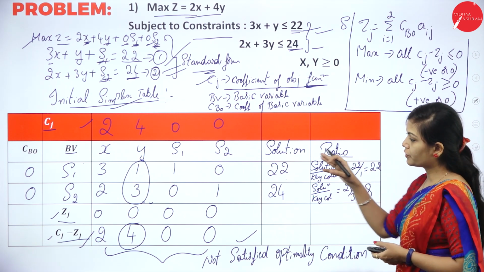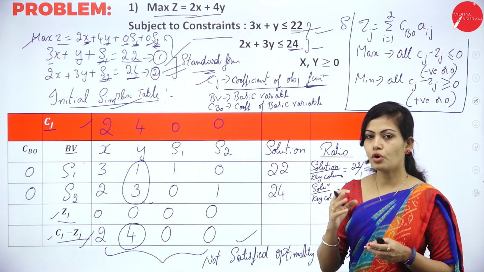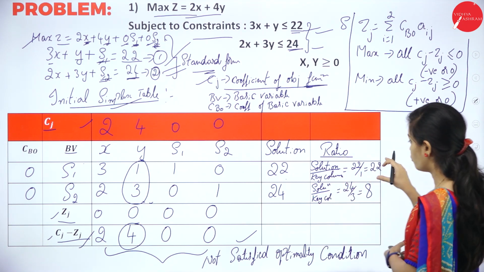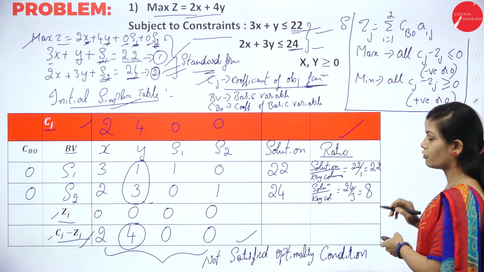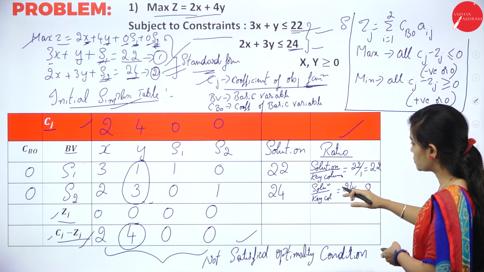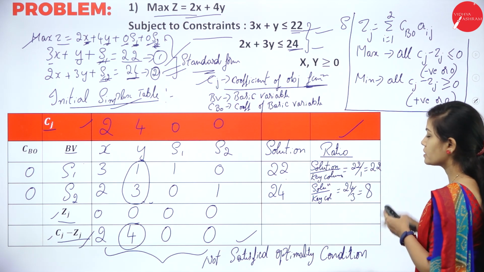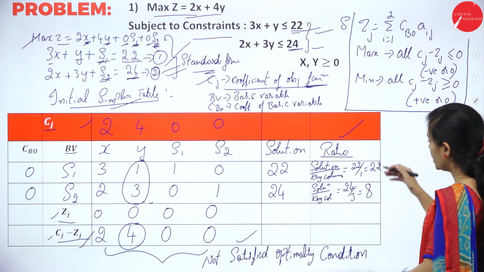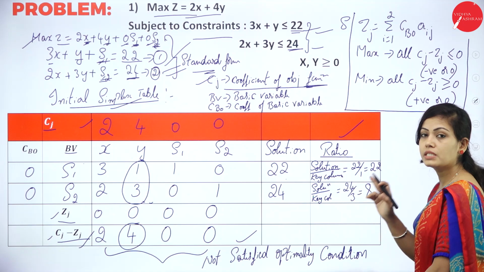After finding the key column, we have to find the key row. How do we find the key row? You just observe the ratio column. Here in the ratio, you have to select the minimum positive value.